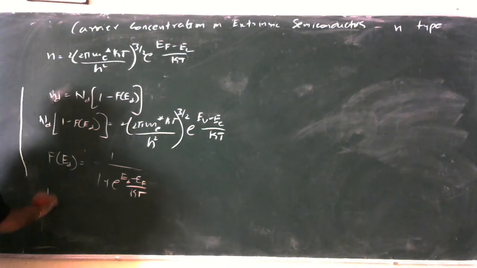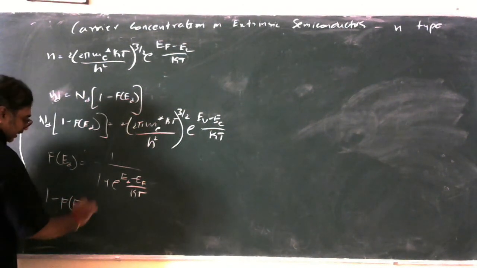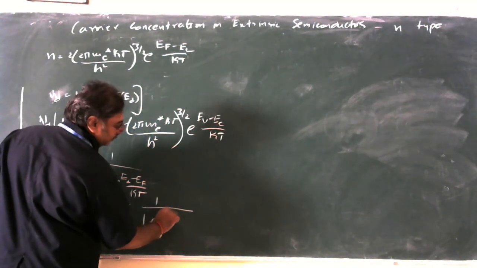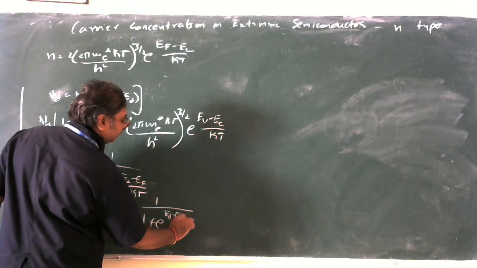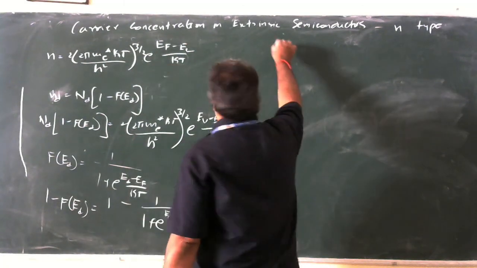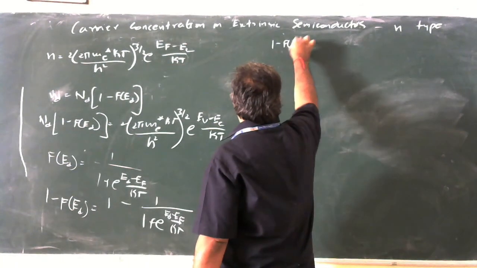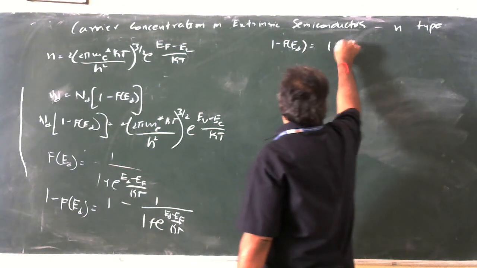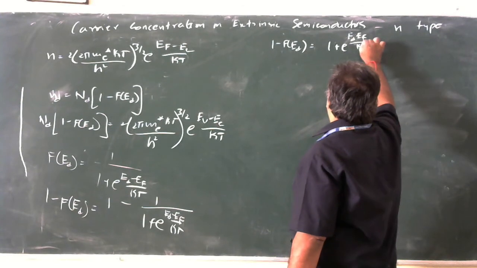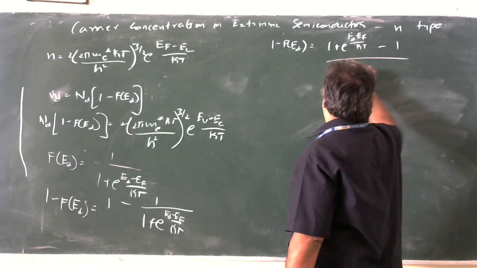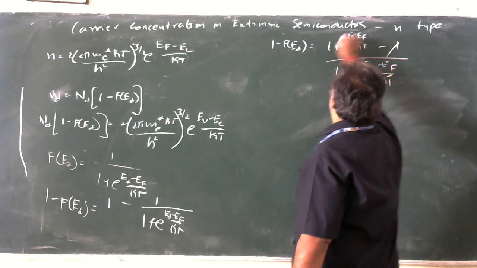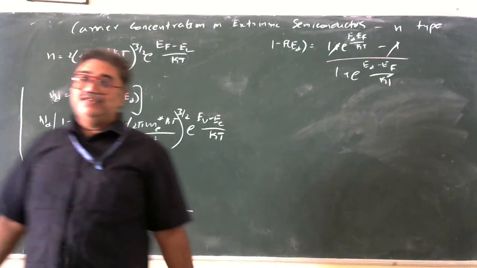It can be written as 1 minus 1 by 1 plus exponential of (Ed minus Ef) by kT. Taking this to the numerator, it becomes 1 plus exponential of (Ed minus Ef) by kT minus 1, divided by 1 plus exponential of (Ed minus Ef) by kT. The minus 1 and plus 1 cancel.